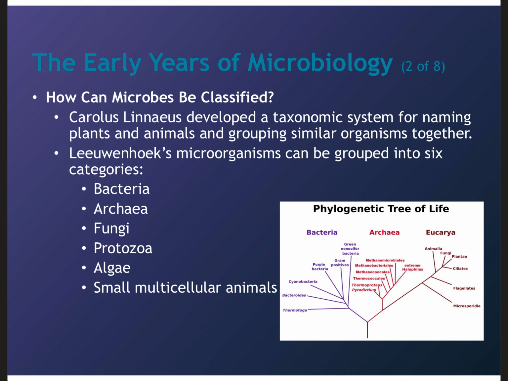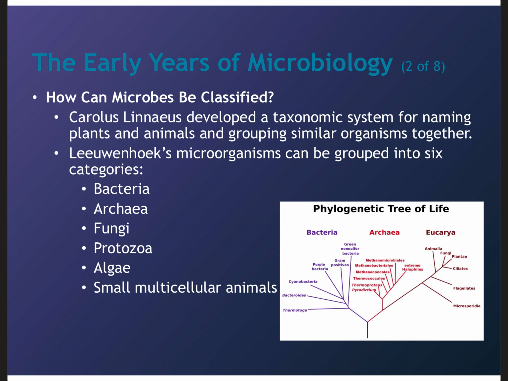So one of the things when you discover something in biology is you have to classify it, right? We have this tree of life, and we like to make sure that it fits on that tree of life. And so this started with Carolus Linnaeus, right? And he developed this taxonomic system that we use today. And Leeuwenhoek's microorganisms basically fall into these categories.